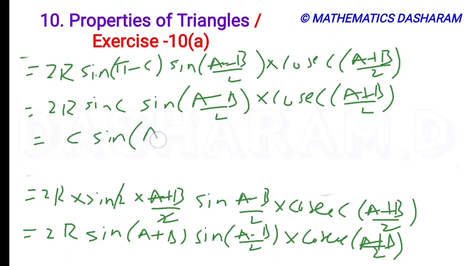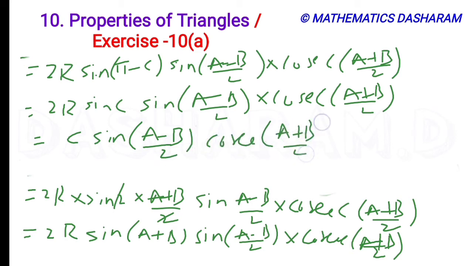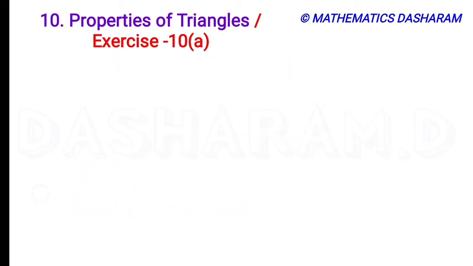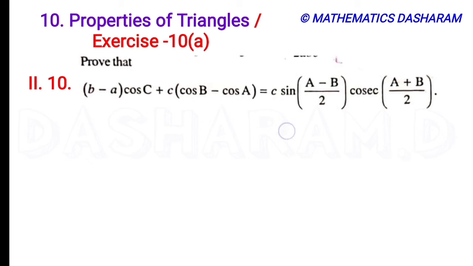So into sin((A-B)/2) into cosec((A+B)/2). So this is our required RHS. So it is equal to RHS, hence proved. See here, c into sin((A-B)/2) into cosec((A+B)/2).